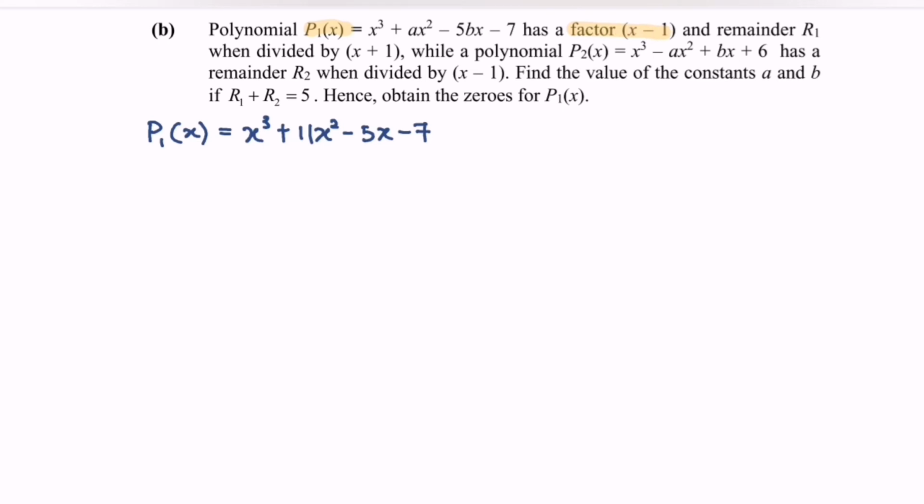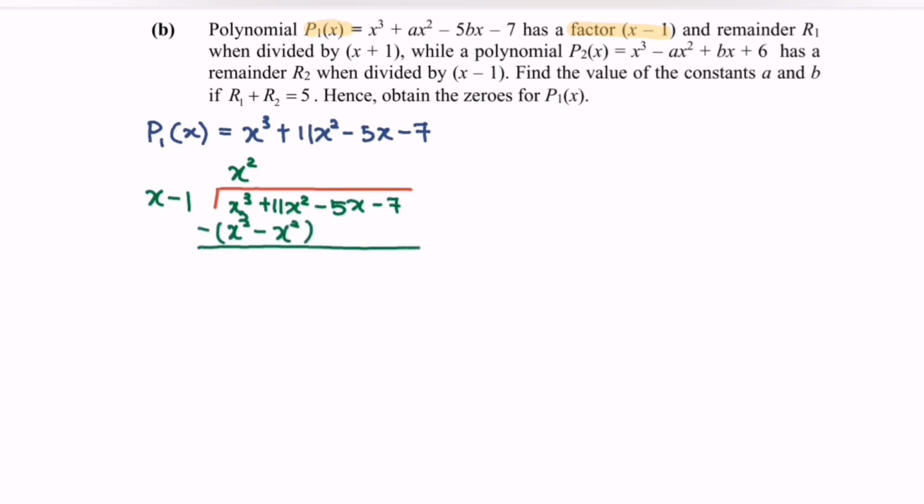So now we are going to use long division to find the other factors. So now let's begin with the long division. So we have x cubed + 11x squared - 5x - 7. The divisor or the factor is x - 1. Multiply with x squared, we will have x cubed - x squared.